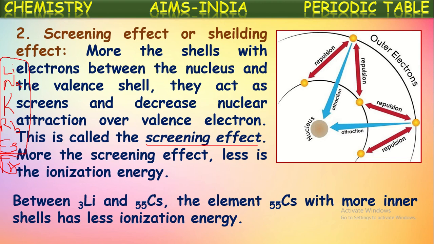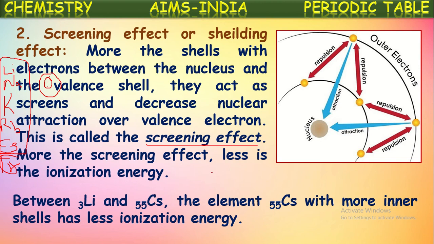Lithium has only two shells. That means between the outer electron and the nucleus, there is only one shell to screen. Whereas sodium has three shells totally. Potassium, four shells. Rubidium, five shells.